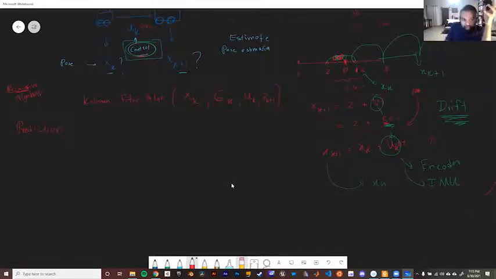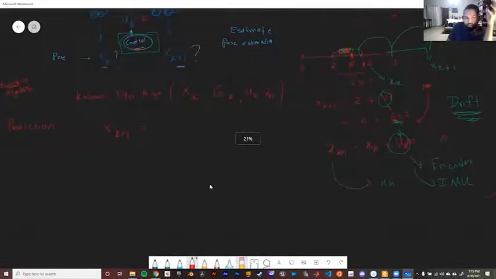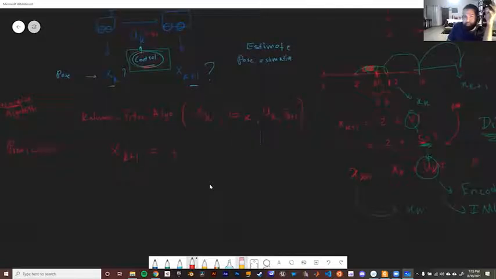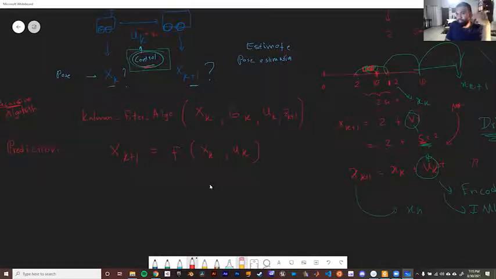So xk plus 1, you put in some sort of function that maps xk and uk. The output of this function is going to be a prediction. It's not going to be our final answer. It's going to be the prediction.